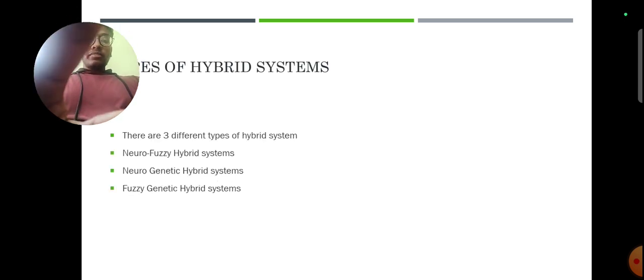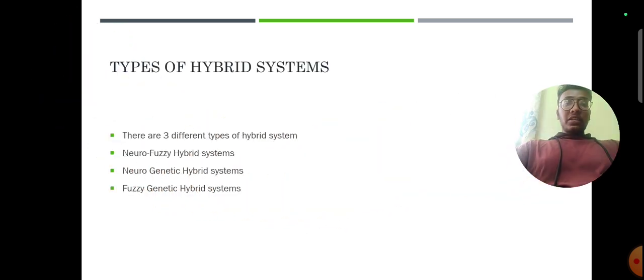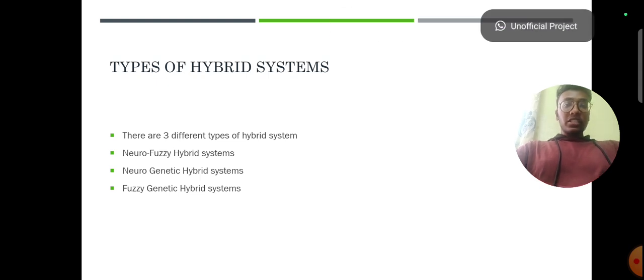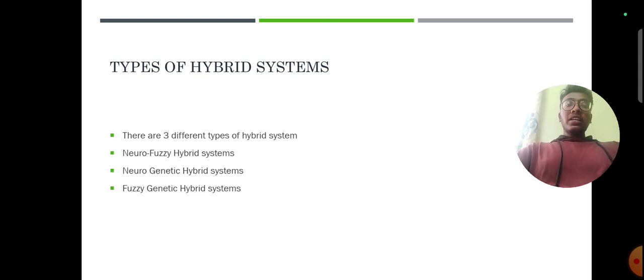So how many types of hybrid systems are there? There are mainly three types of hybrid systems. The first one is the neuro-fuzzy hybrid system, the second one is the neuro-genetic hybrid system, and the third one is the fuzzy-genetic hybrid system. So these are the three main types of hybrid systems.